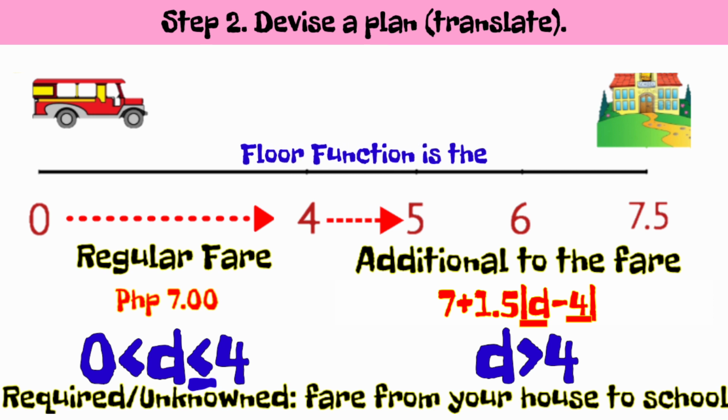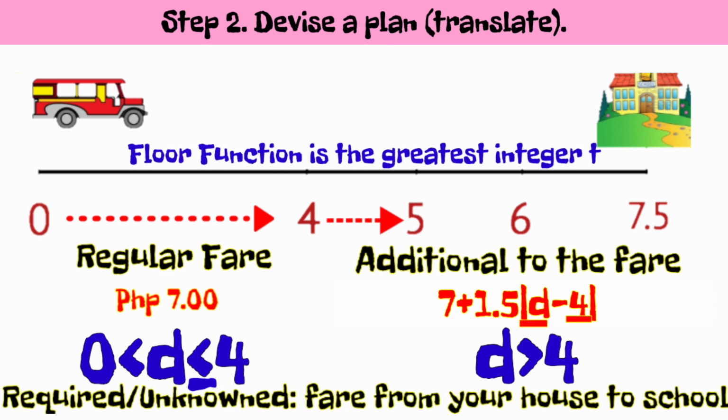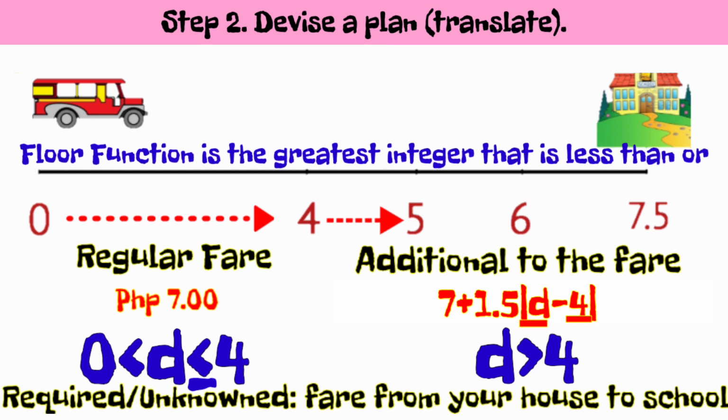The floor function is the greatest integer that is less than or equal to the given number x. This function fits the problem because we are going to consider only the integer kilometers.